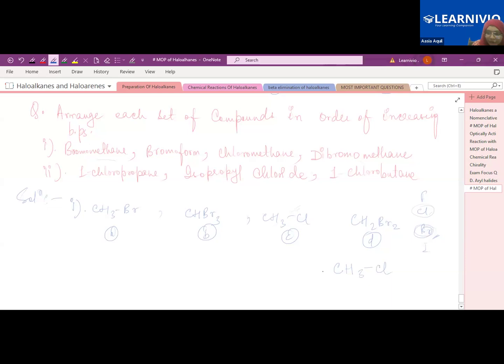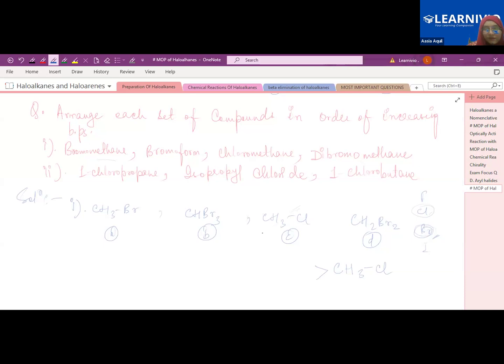Now between these three, which one will have the next boiling point after CH3Cl? Yes, Lubna. Yes, ma'am. Which one? A, B, or D?